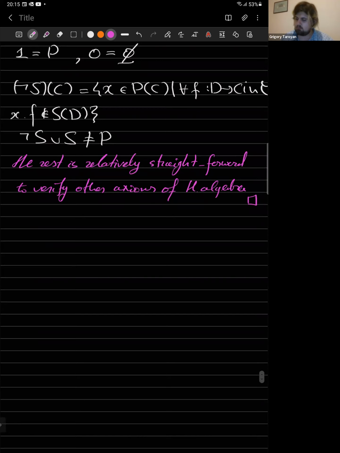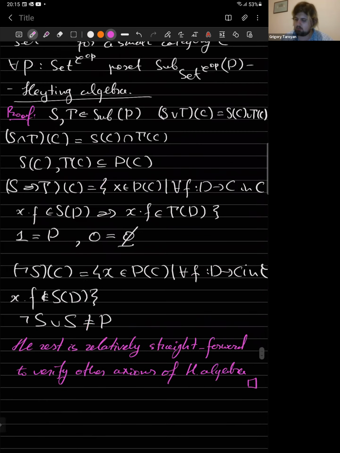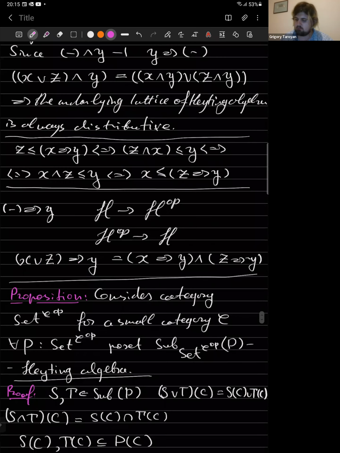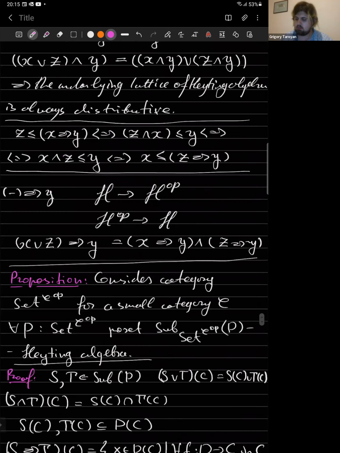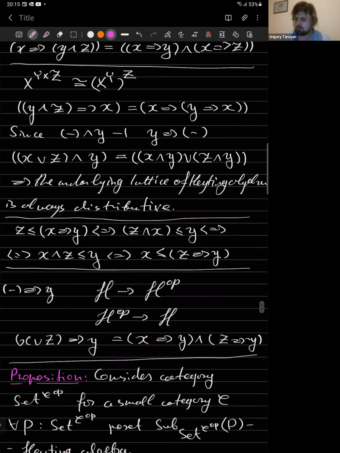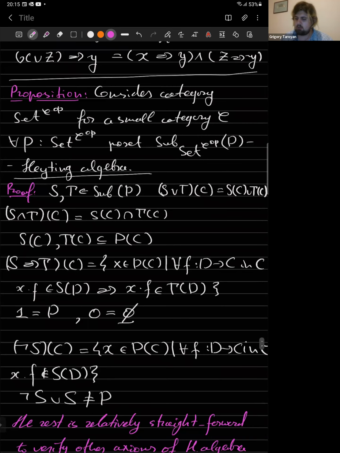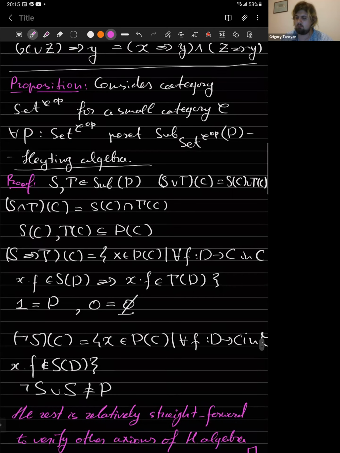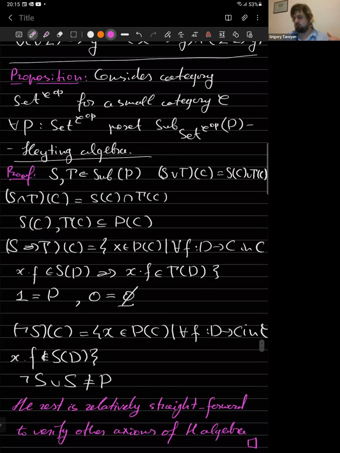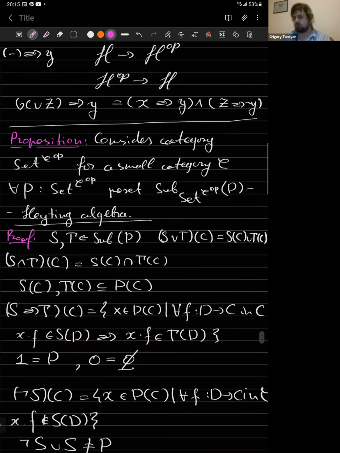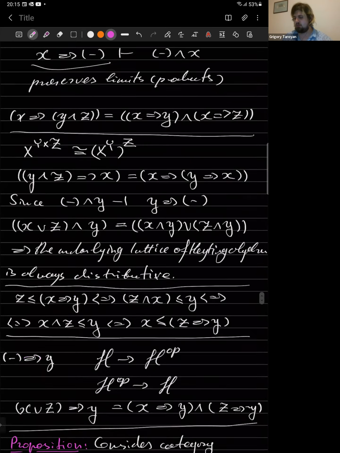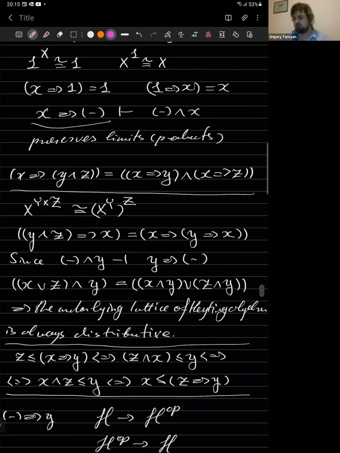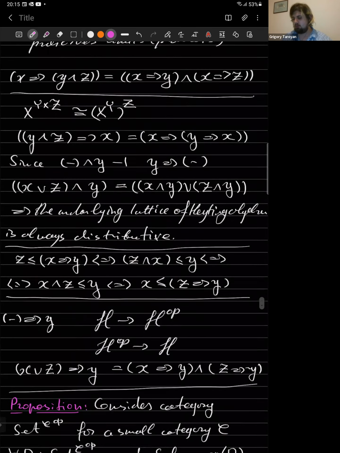Okay, so I think that is more or less it for Heyting algebras. It was a short excursion into the concept. I think that it was a nice demonstration of how logic can be interpreted in terms of category theory.